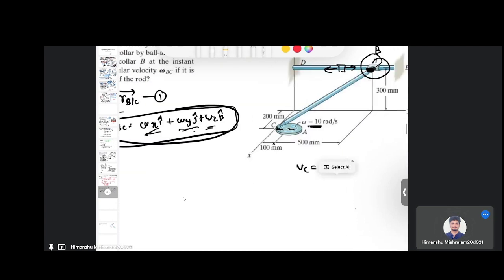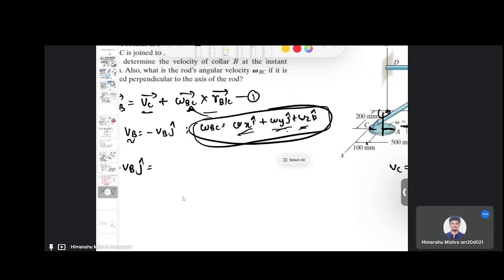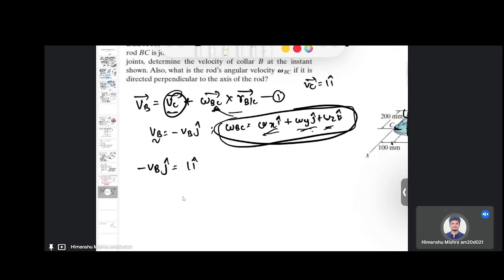This d is along the y-axis, and this omega is along the z-axis. So it is k cross j, which will give the i direction, right? And the magnitude is 10 into 0.1 meter, so it is 1. So my VC vector is 1 i, which is VC, plus this vector omega BC cross R_BC.